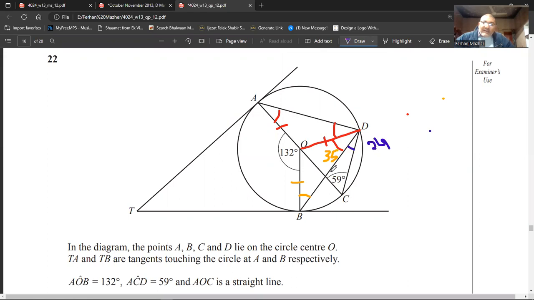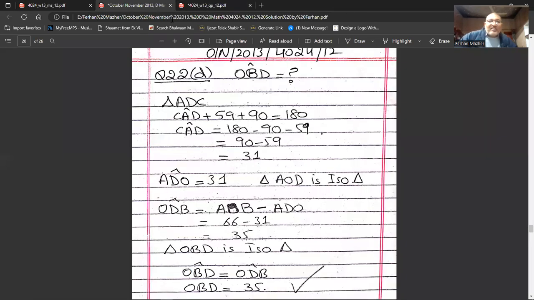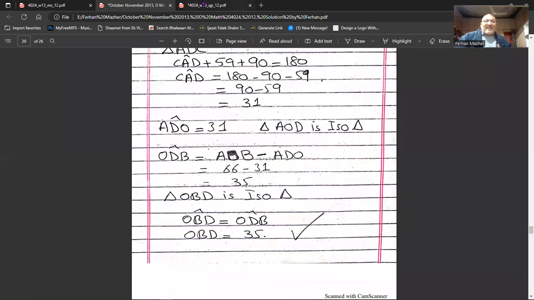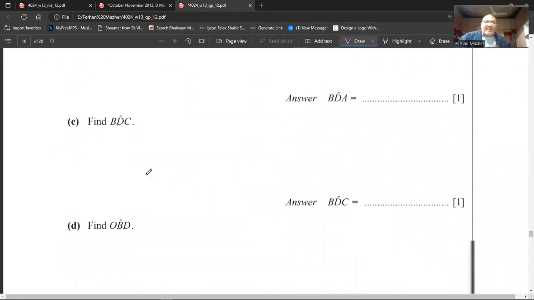So add them up, get this angle. Whatever the angle will be, this is the same angle. I already know this angle. So from 180 subtract this and this, you will get this angle. So that is also a very simple strategy. But anyway, this is done. You can go both ways.